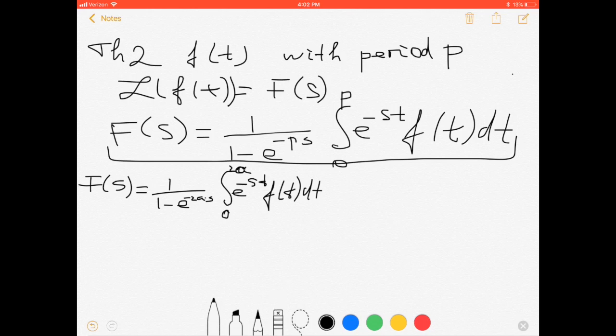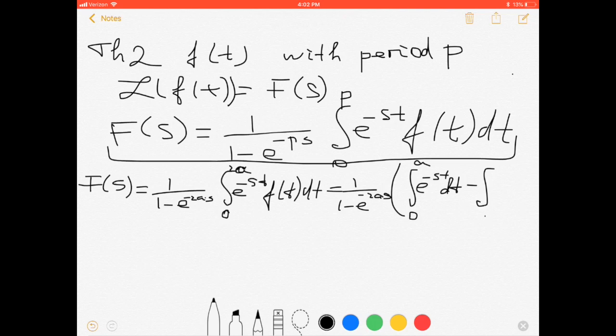It will be 1 over 1 minus e to the negative 2as, times the integral from 0 to a of e to the minus st dt, minus the integral from a to 2a of e to the minus st dt. Okay?